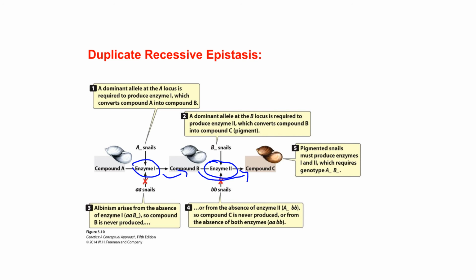So albinism can arise either from absence of dominant allele A, or from absence of dominant allele B. Either the snail is homozygous recessive for A or it is homozygous recessive for B. In both cases, the snail will be albino.